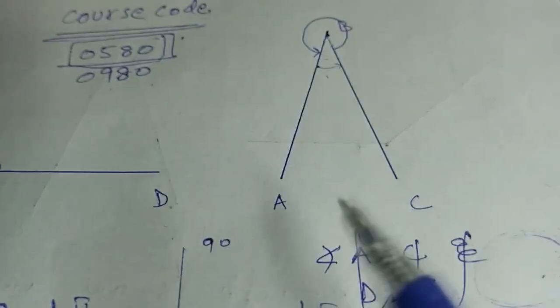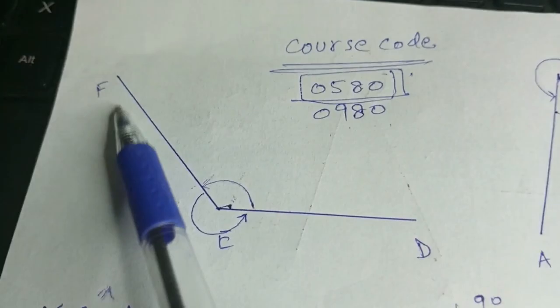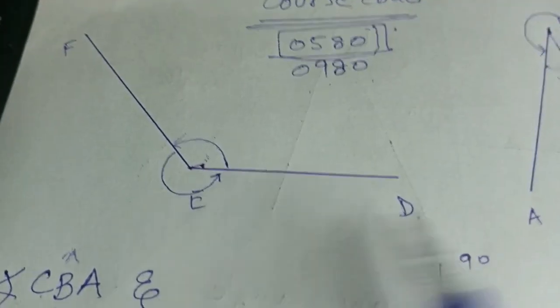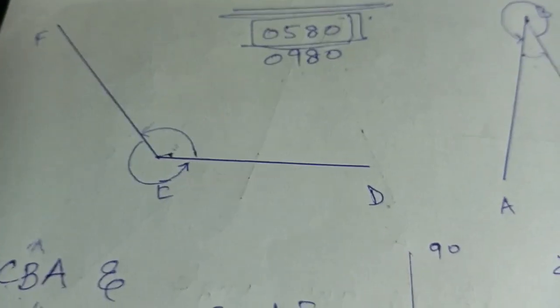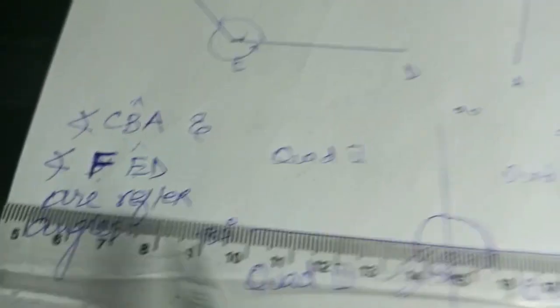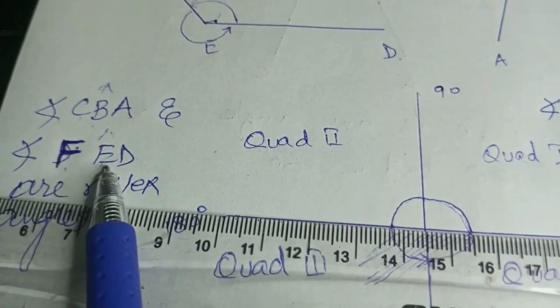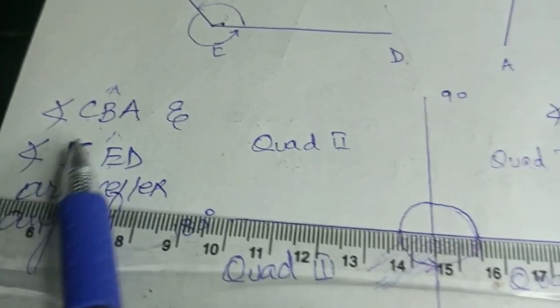Now dear students, angle CBA and angle FED are the reflex angles. I have written it for you, and you know that the vertex is always written in the middle when we write the angle.